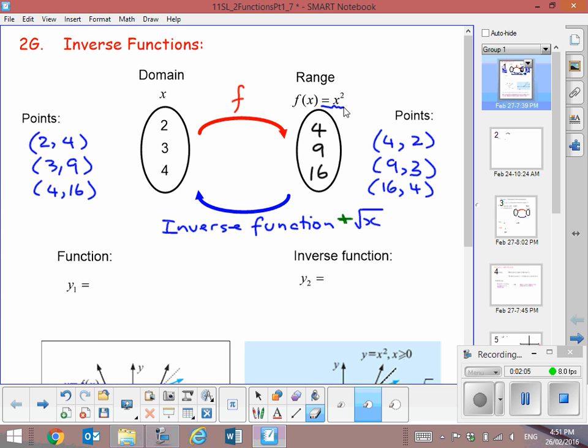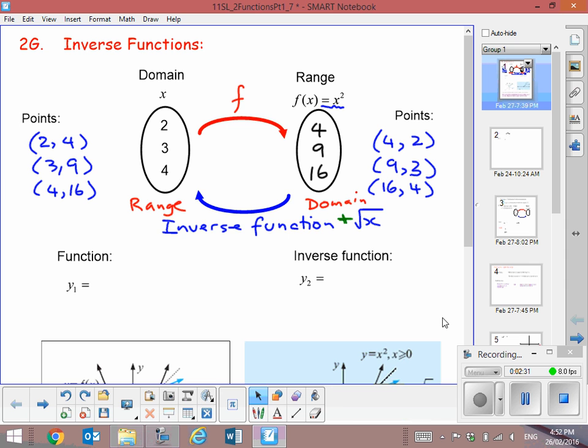But for the inverse, this becomes our domain, and this is our range for the inverse function.